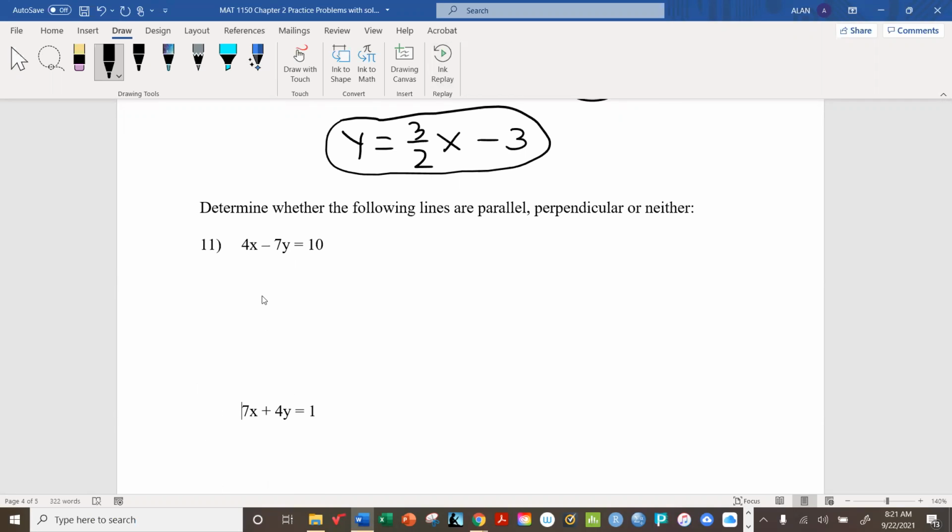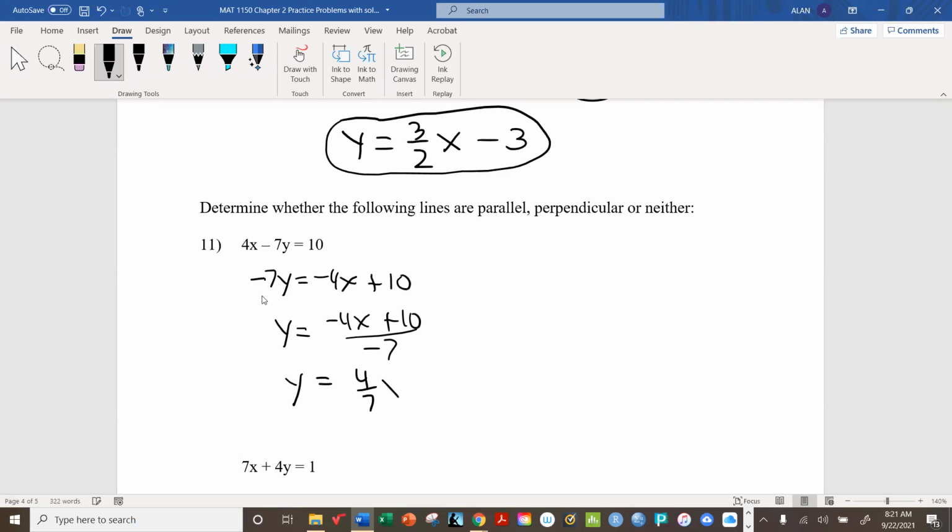So for example, with this one, I'll subtract 4x from both sides. And then I'll divide by that negative 7. So I have positive 4/7 x minus 10 over 7.